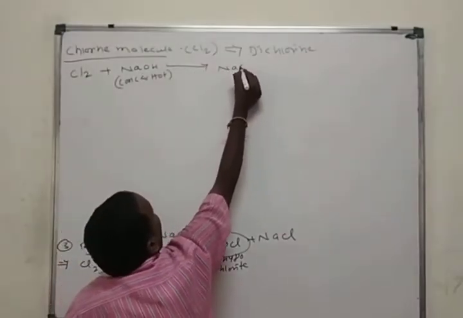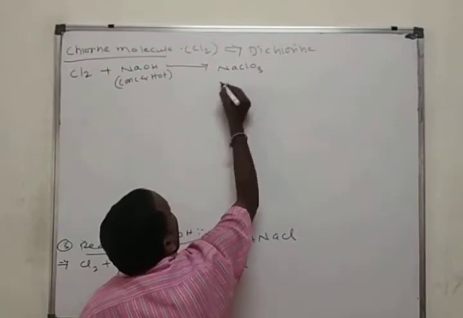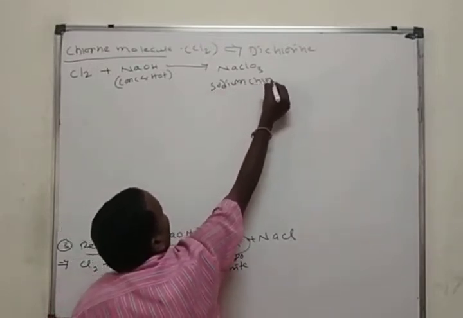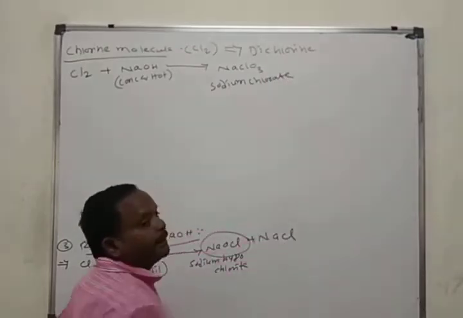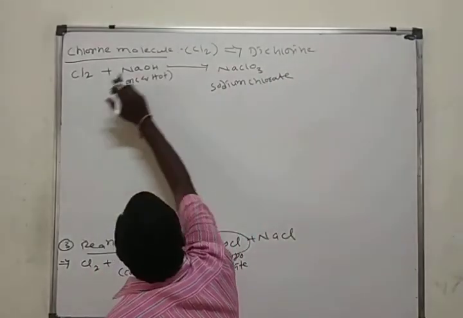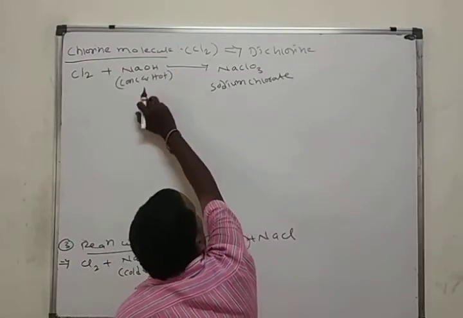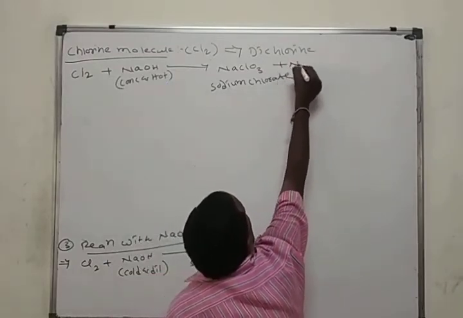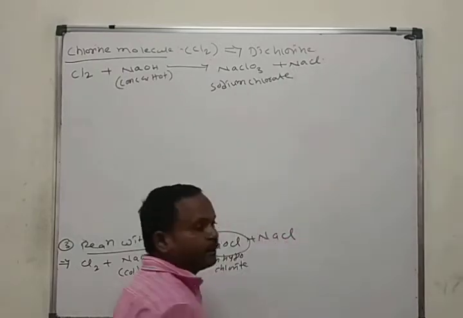Here we get NaClO3, sodium chlorate. Chlorine reacts with hot and concentrated sodium hydroxide and forms sodium chlorate along with sodium chloride.